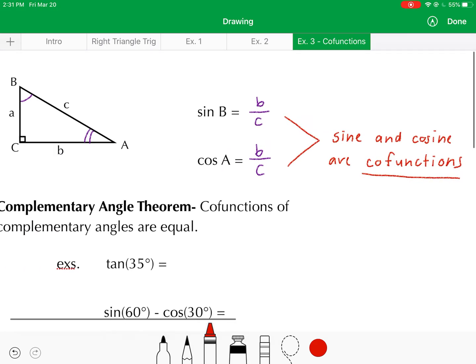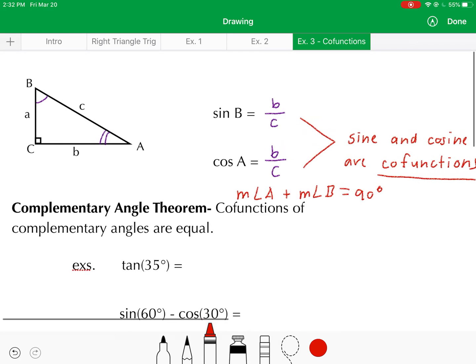All right, now notice angle A and angle B, they have to be complementary angles, right? We're in a right triangle here. We have a right angle, of course, at C. That means that the measure of angle A added with the measure of angle B has to be 90 degrees, right?